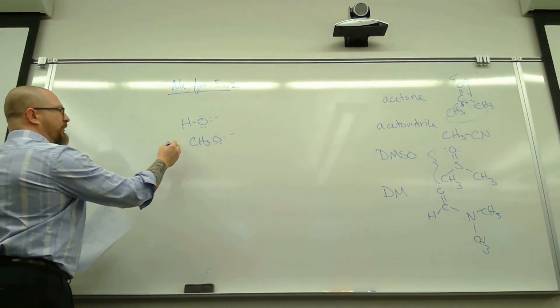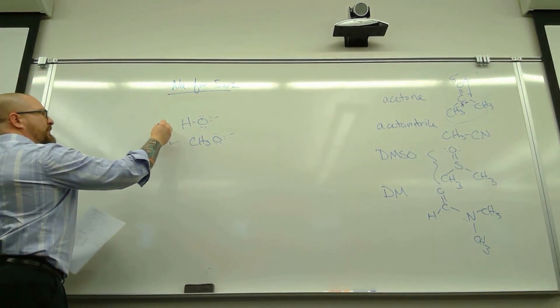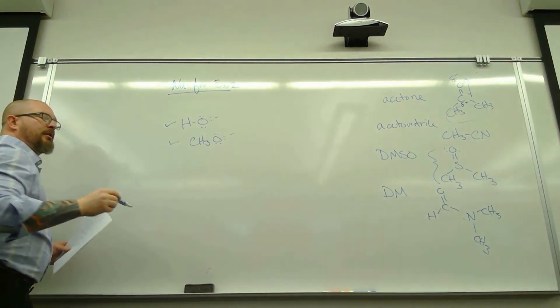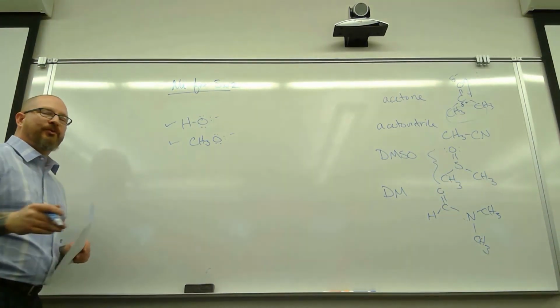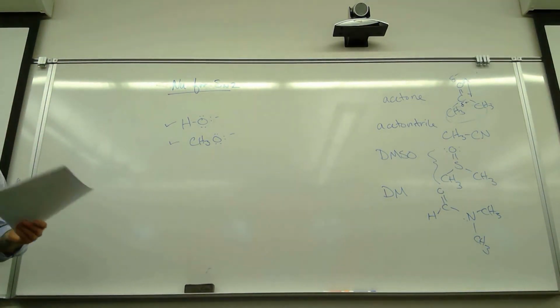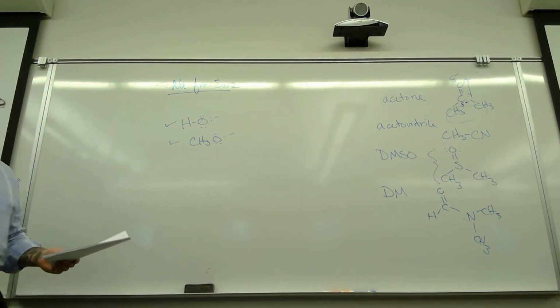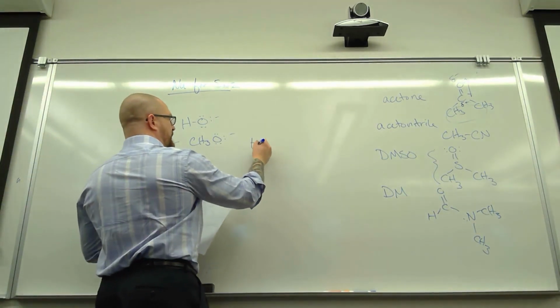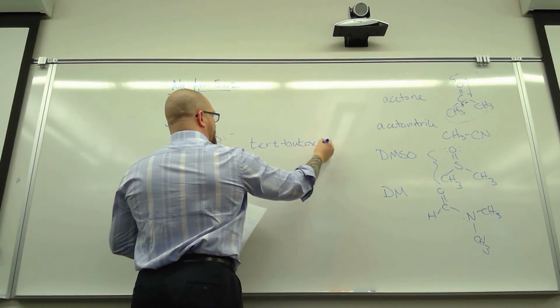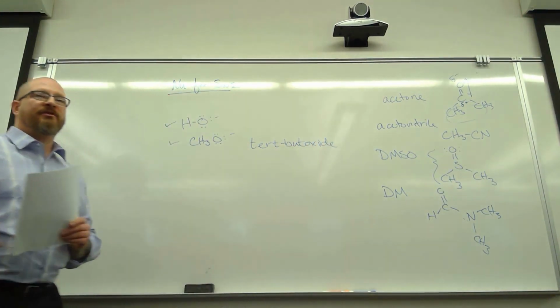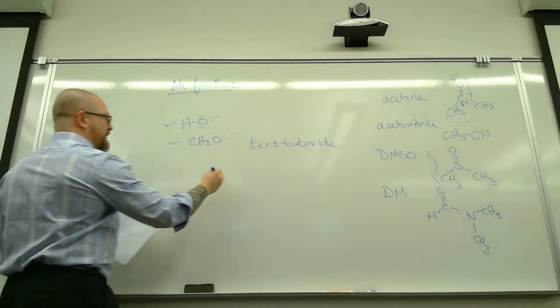So deprotonated alcohol, fantastic. Deprotonated water, fantastic. Most of the time. An exception would be something that's extremely basic, but does not act as a great nucleophile in SN2 reactions, and this is butoxide, which is T-butyl alcohol.